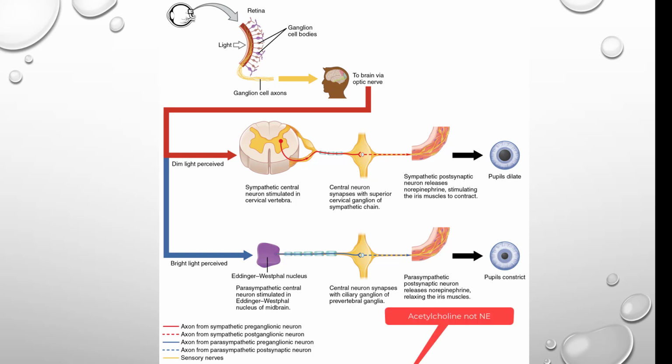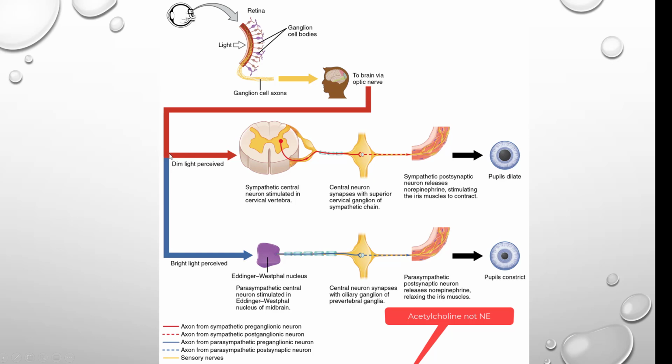This little diagram or cartoon simply illustrates those effects. So light or no light comes into the eye where it is perceived by the retina, processed by rods and cones, processed by ganglion cell bodies in the retina, sending signals in axons through the optic nerve that go to different places in the brain.